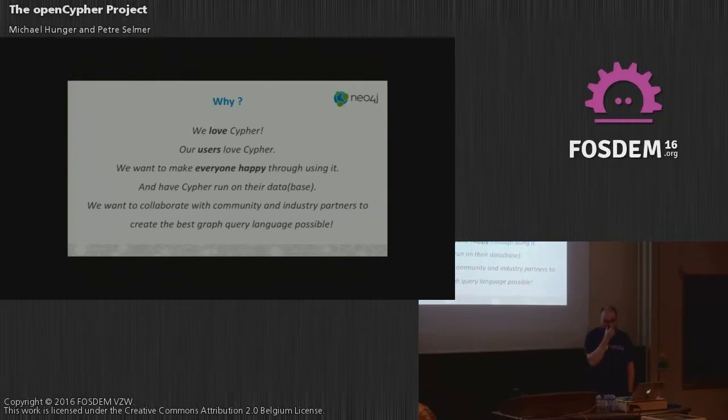And why do we do that? Because we love Cypher and our users love Cypher, and we just want to make everyone happy. That's the end goal anyway. And we want to enable everyone to run Cypher on their own data, on their own databases, and so on. So that's actually pretty cool.